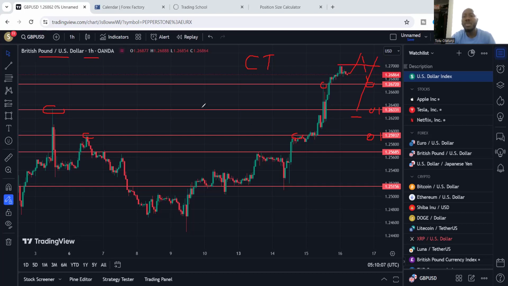Don't forget, the ultimate thing for any trader to survive in this business for the long haul is to ensure that your stop loss is small and the take profit is much bigger. So if your stop loss, as an example, is 20 pips, make sure that your take profit is nothing less than 20 pips. I wouldn't even take 20 to 20. It could be 20 to 30, 20 to 40, or whatever the case might be. But just make sure that your reward is by far greater than your risk.